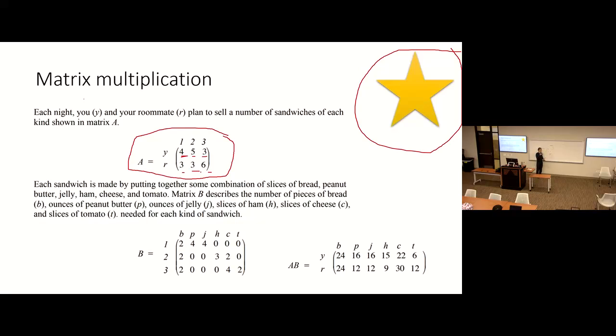This is required. If you don't have this match, there's no way you can do this multiplication of 2 matrices. If you type matrices A and B in the wrong dimension, you put them in MATLAB, you multiply A by B, it will give you an error message, so you just cannot do it. Okay? So what the 3 means, you have 3 different kinds of sandwich.